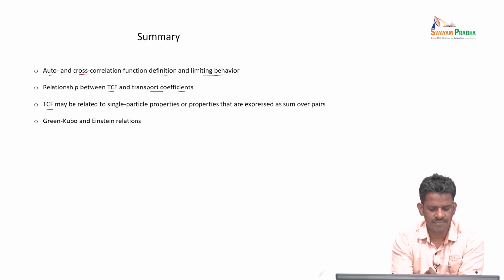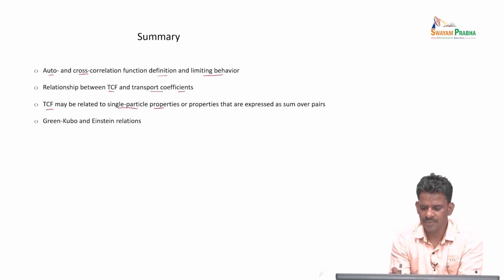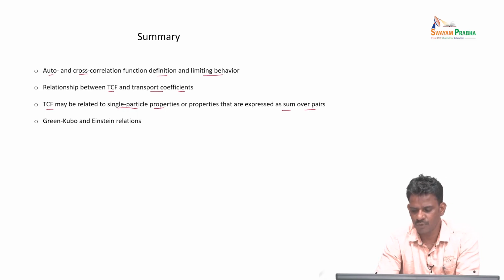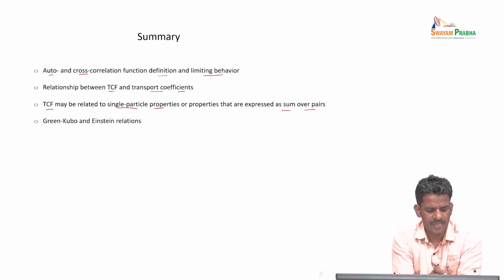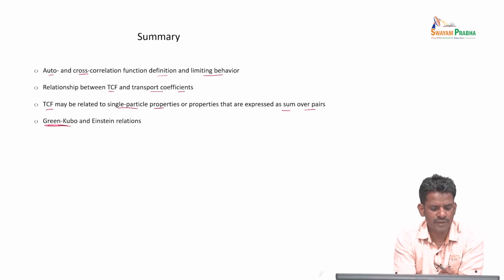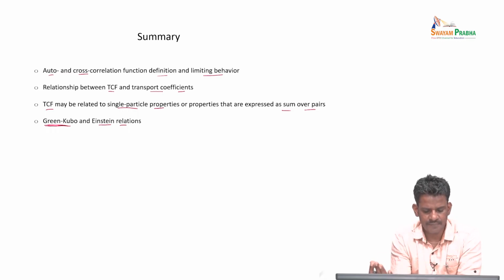The TCF may be a single particle property like velocity, or energy, or related to a sum over many pairs like the virial. We also showed that the relationship between the time correlation function and the transport coefficient is given by the Green-Kubo relations, or analogously the Einstein relations, relating transport coefficients to mean square values of the time varying quantities.